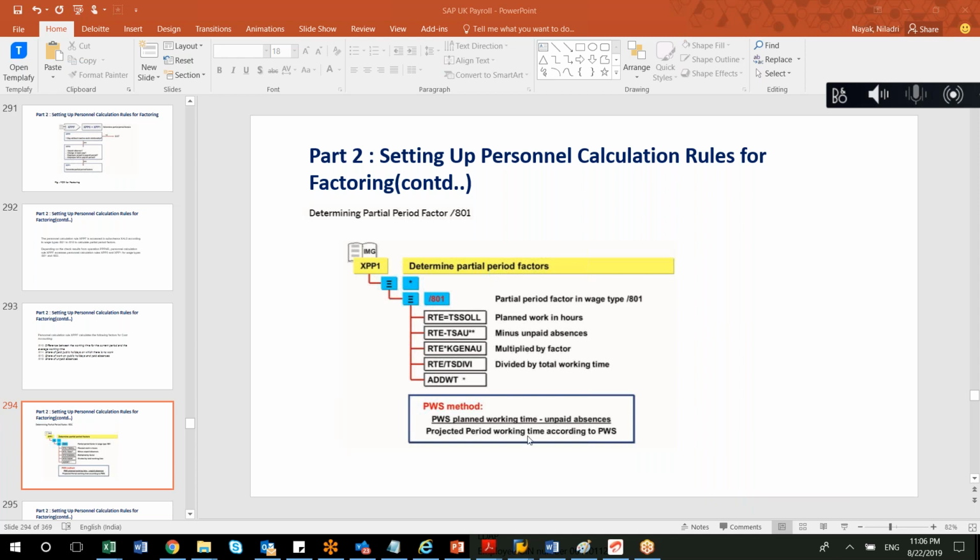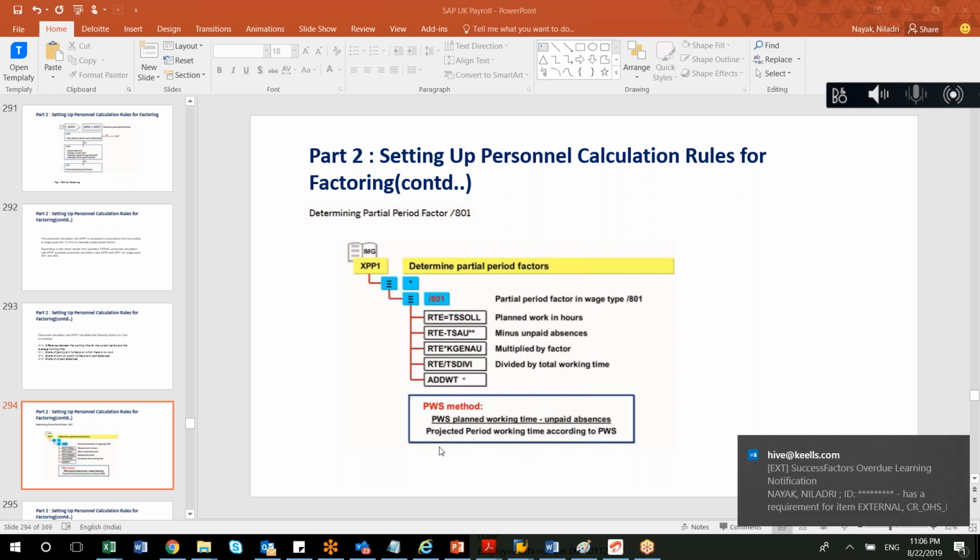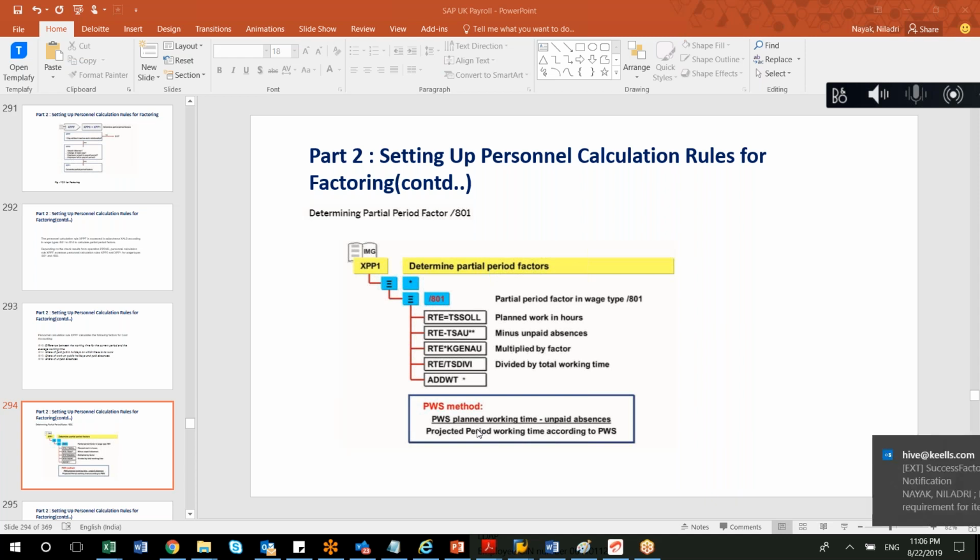This is also another way to understand these calculations, how to write a rule inside. I have given a formula here, so how do we translate this formula to a rule? First we have defined planned working time in hours, which is equal to RTE.